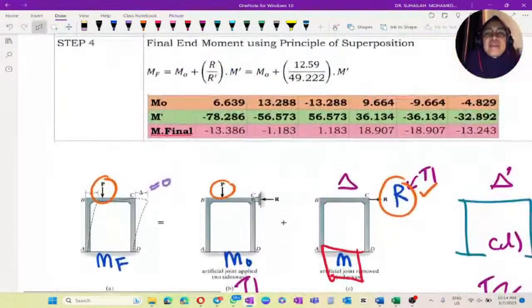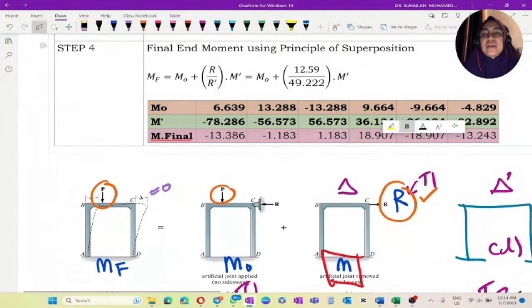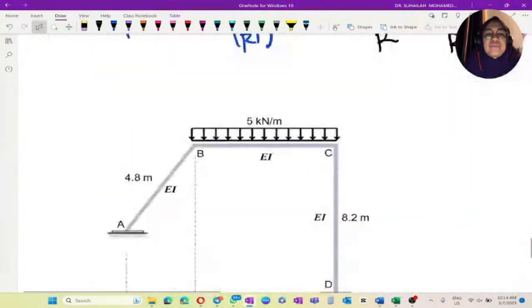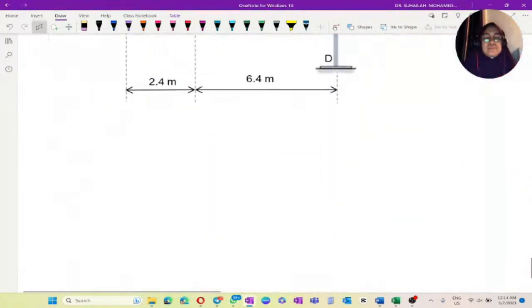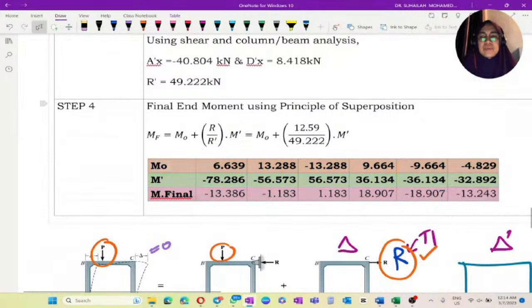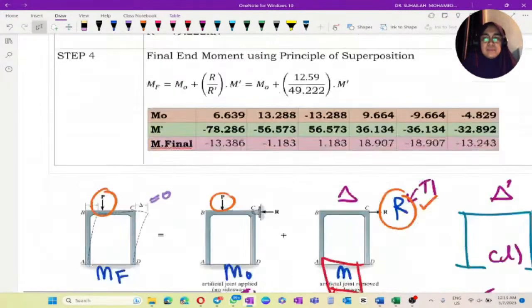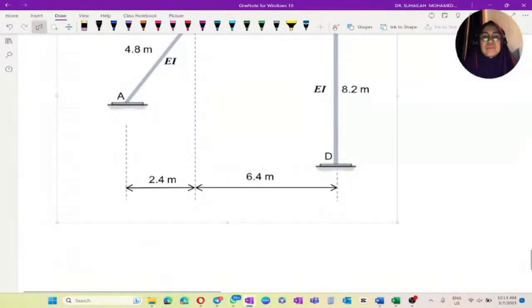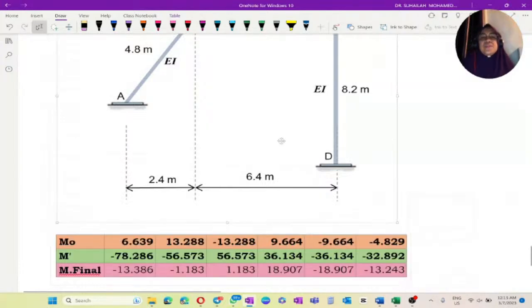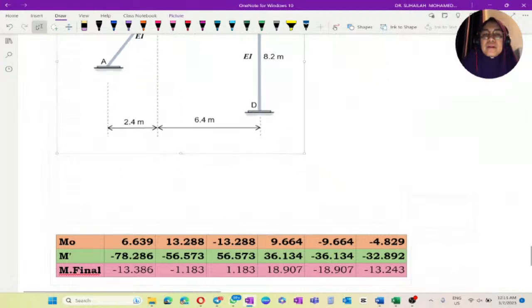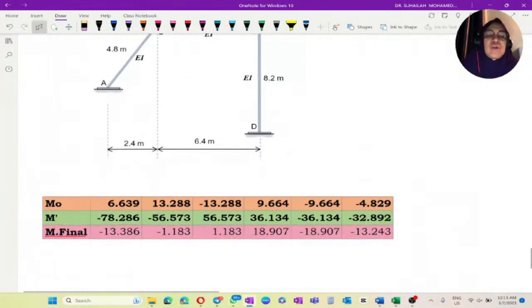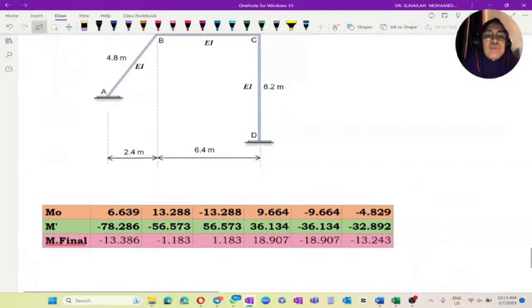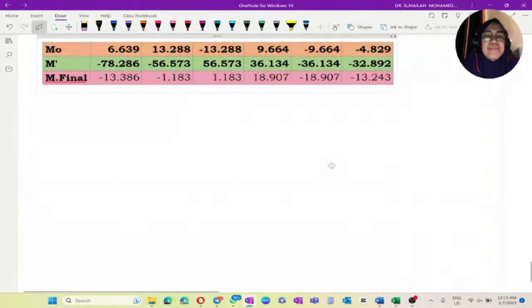This is the frame, and this is the final end moment that we get. We will focus on the final end moments.